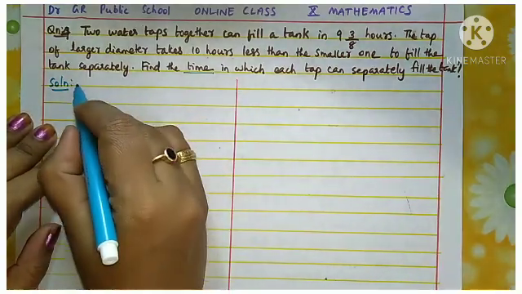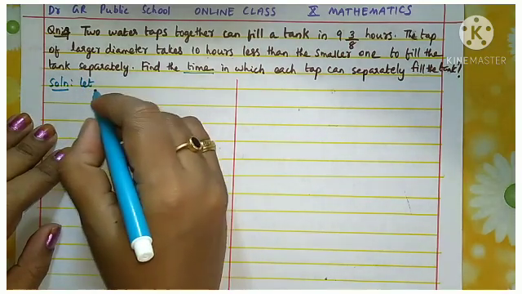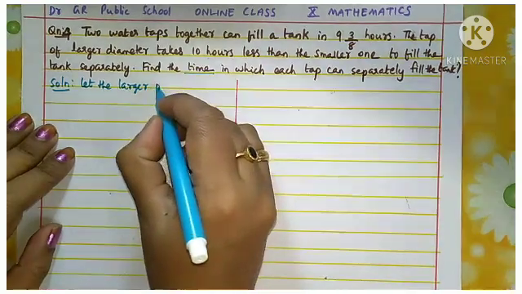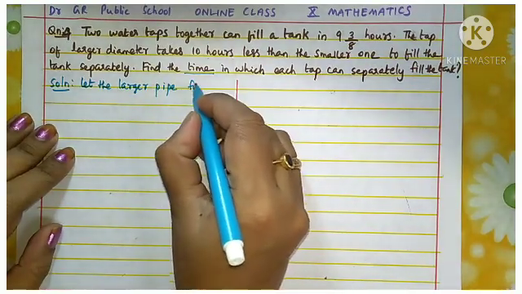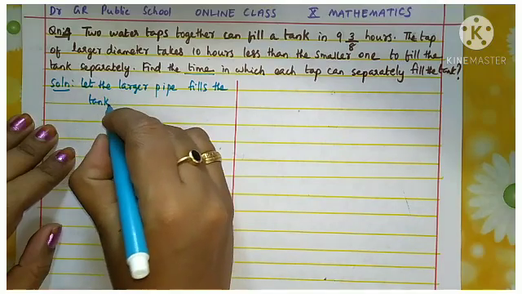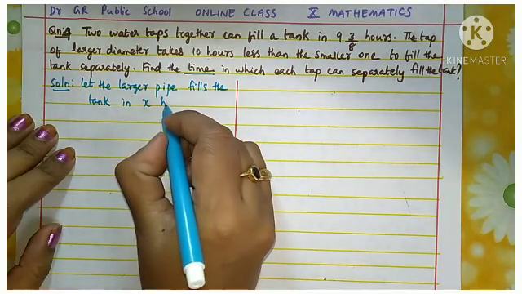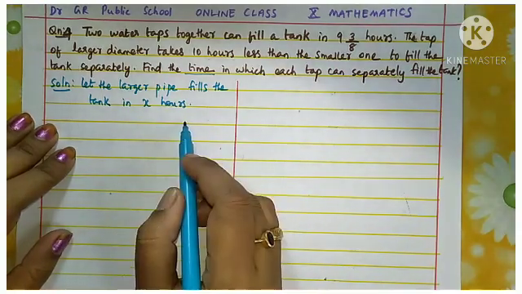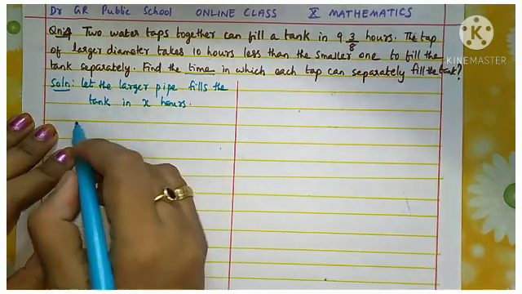So let us write like this. Let the larger pipe fill the tank in x hours. So the larger pipe is filling the tank in x hours, we have assumed.